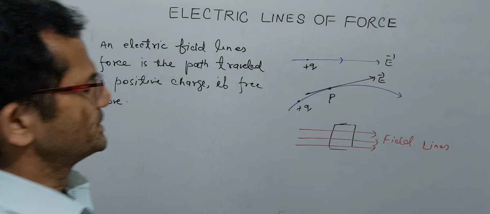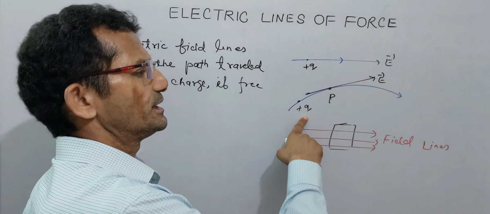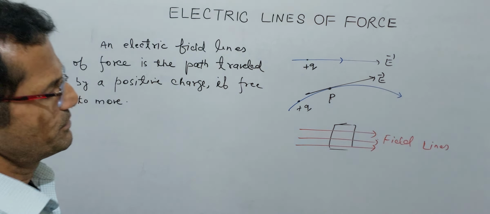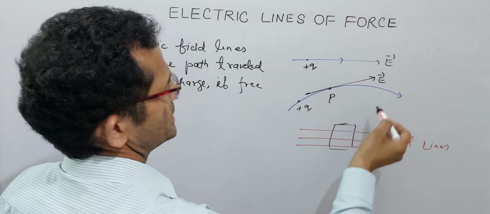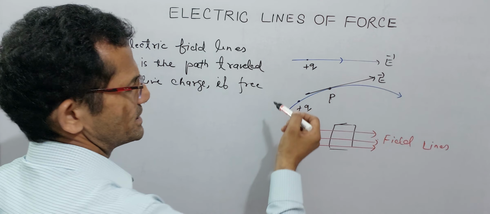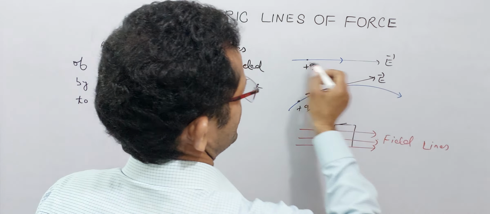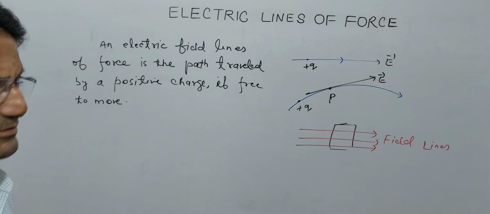So if I place a positive charge in an electric field region, it will go along this path. If the field lines are straight lines, then the positive charge will move along the direction of the electric field.